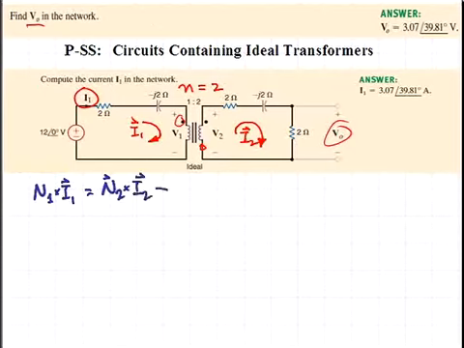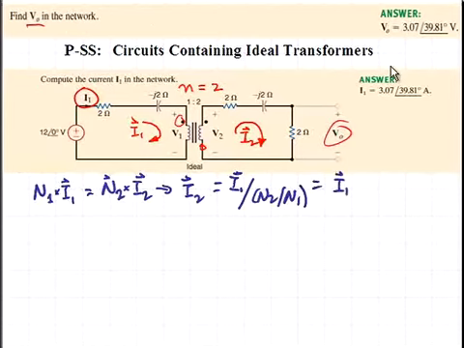We can solve this relationship for I2 equal to I1 divided by N2 divided by N1, and that is just the lowercase n value that we indicated on the circuit above. And that will be equal to the current I1 divided by 2 for the problem that we've been referred to.